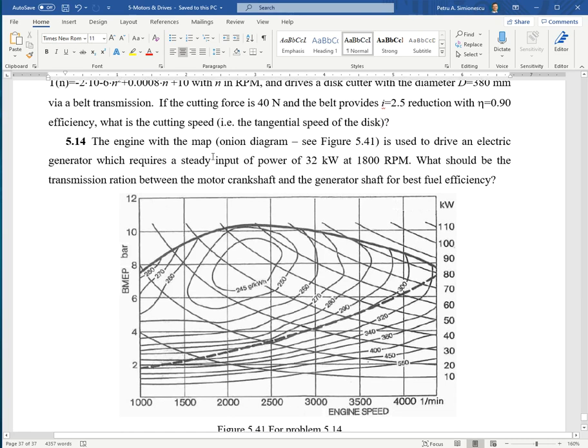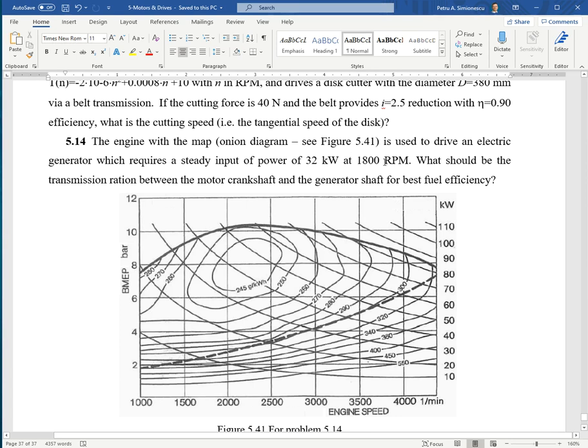It says the engine, with a consumption map onion diagram as shown, drives an electric generator with steady input power of 32 kilowatts, and has to be run at 1800 RPM. From consideration of maintaining the desired frequency, so you have a backup generator and you want 60 hertz, based on the number of poles of the generator, you calculate the synchronous speed as 1800 RPM. So it'll be 4 poles.